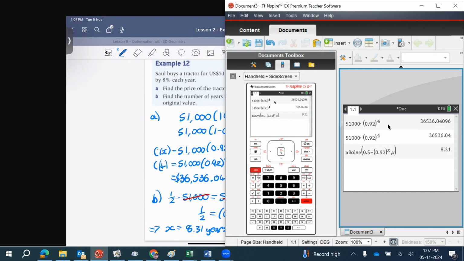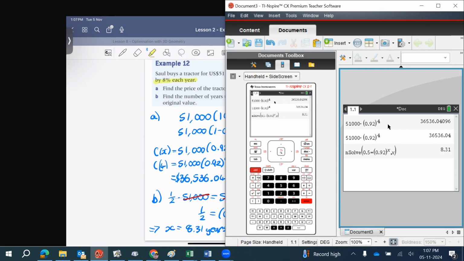The question says the price of the tractor reduces 8% each year. It's not continuously going down, it's going down in a compound model. So after 8 years, would it be worth half of 51,000 or not? Half of 51,000 is 25,500.